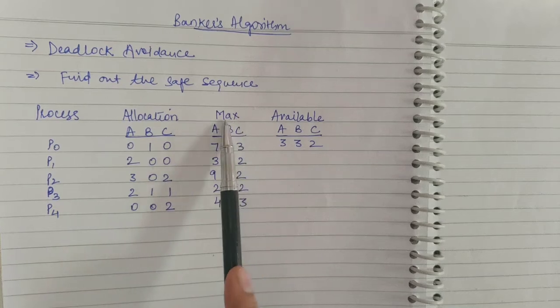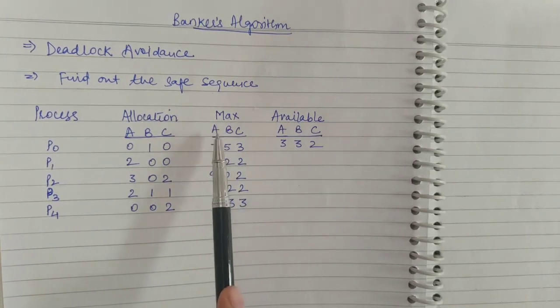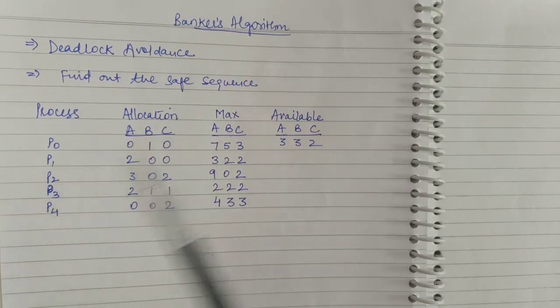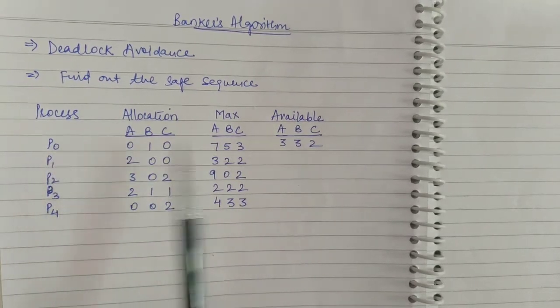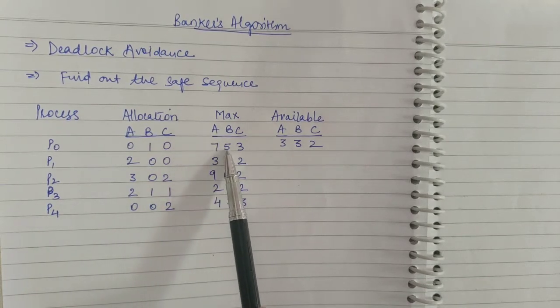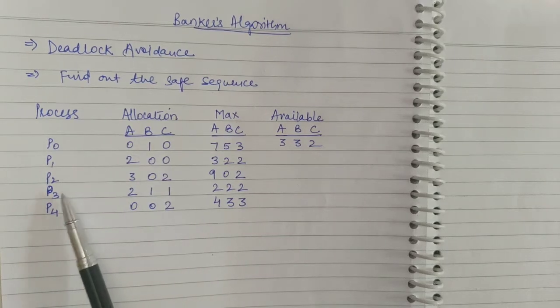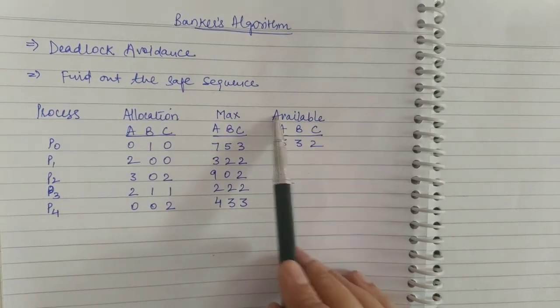This is max. This is the maximum number of instances of resources these processes can request. So maximum P0 can request for 7 instances of A, 5 instances of B, 3 instances of C. Likewise for P1, P2, P3 and P4. And this is the available.